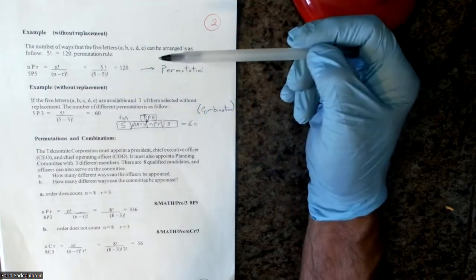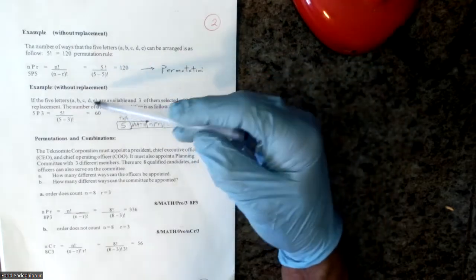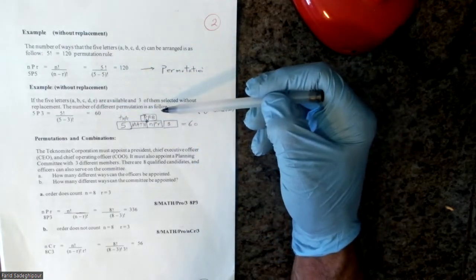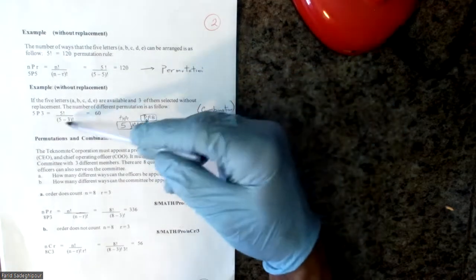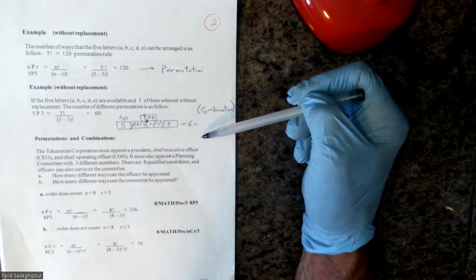Another permutations, this is combination examples. 5 letters of A, B, C, D, E are available and 3 of them selected. 3 out of 5. So there are 60 in this case because it's without replacement.